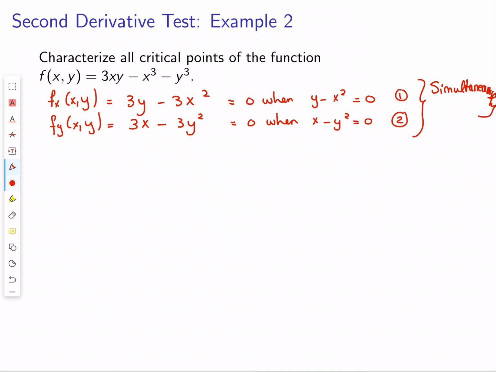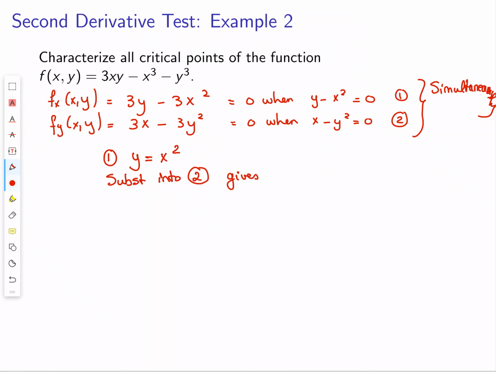Oh, that didn't fit. That looks terrible. Anyways, simultaneously. So the first equation, I can rewrite as y equals x squared, and then substitute that into the second equation.